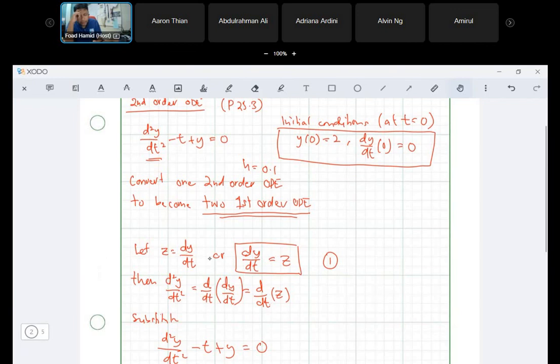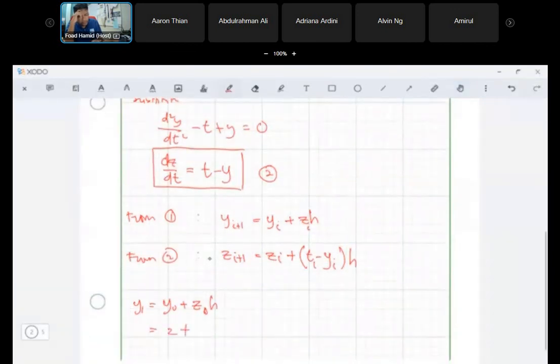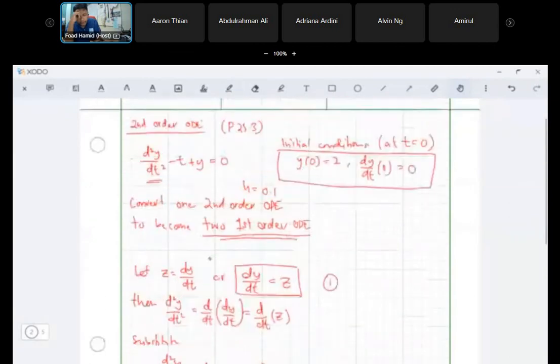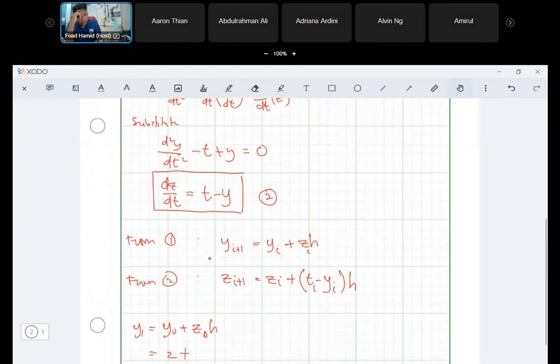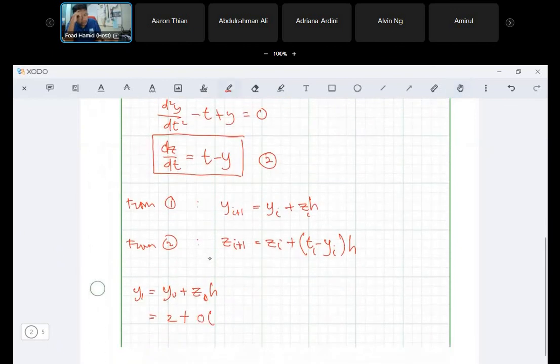Let's look at the initial condition. So y0 is equal to 2. What is z0? z0 is dy/dt, right? dy/dt is our z. So this is actually z0 equal to 0. So z0 equal to 0 times 0.1, which is y1 equal to 2.